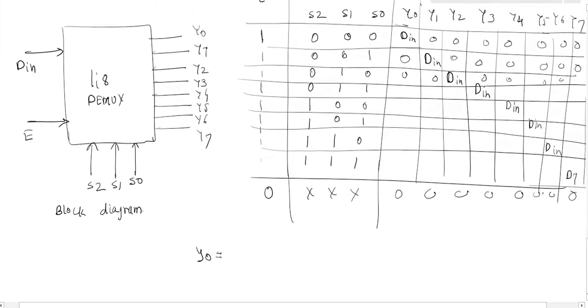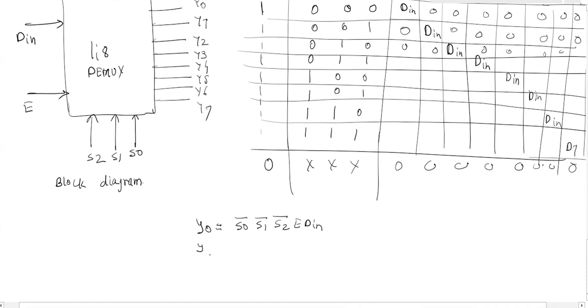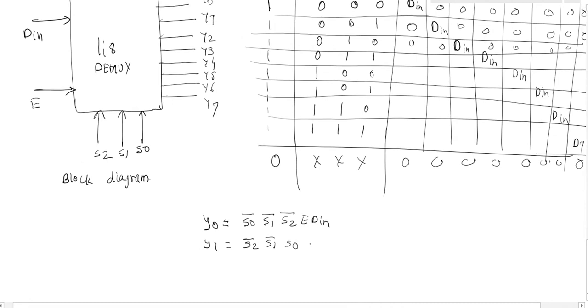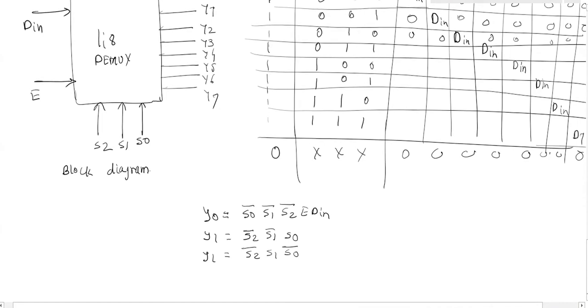Now let's try to identify the expressions. The Y0 expression will be S0 bar, S1 bar and S2 bar, and the enable and the data input. Enable and data input are common in all expressions. Y1 is S2 bar, S1 bar and S0. Y2 is S2 bar, S1 and S0 bar.